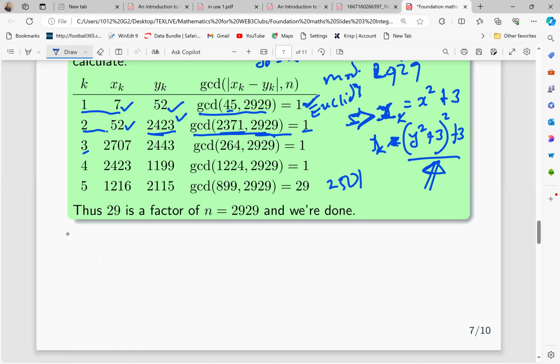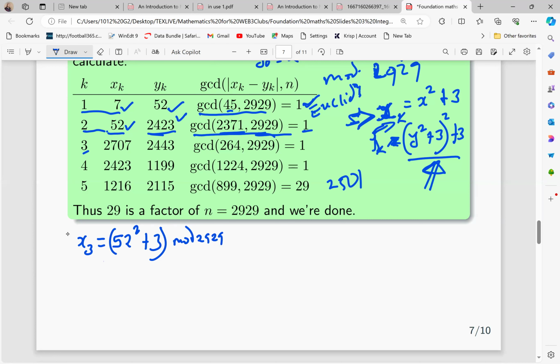Let's now find X3. What is X2? X2 is 52. Substitute it in this equation of xk: 52 squared plus 3, and we're doing this mod 2929.